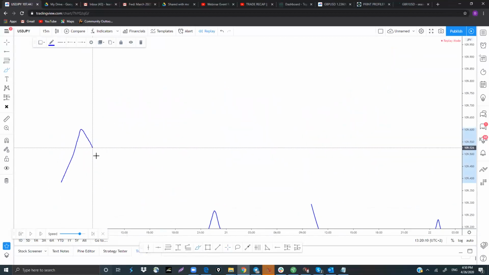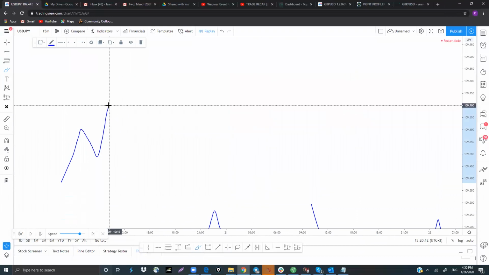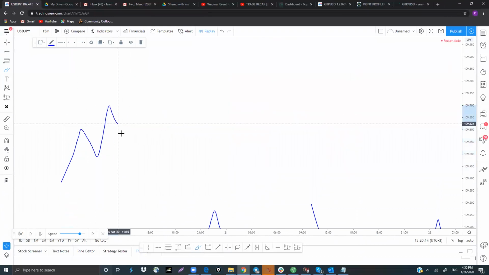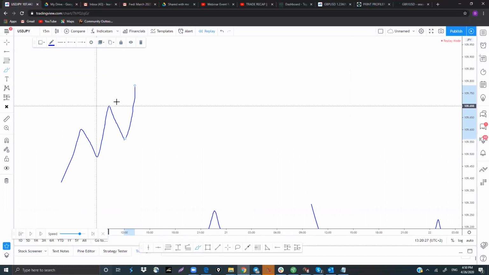Why does price go above this high, and why does price come back, and again why does price go above this swing high? Because there is external range liquidity. That's why price goes above to take this liquidity, and once they take this liquidity, it comes back.